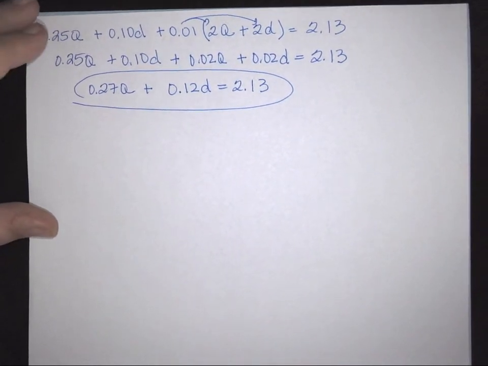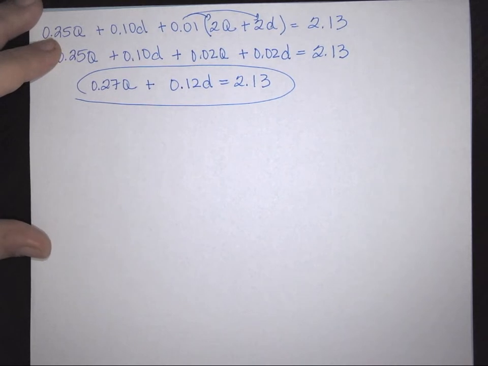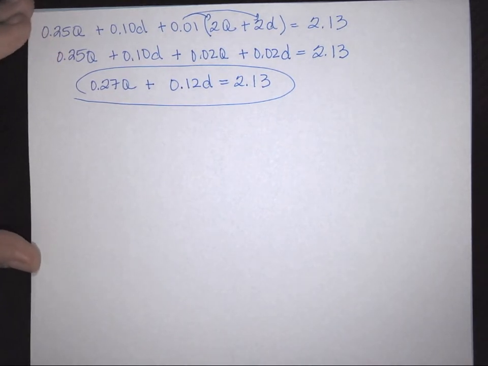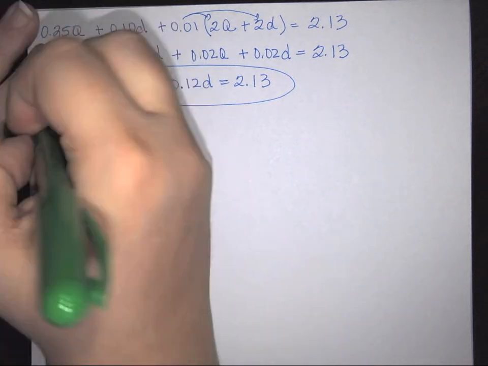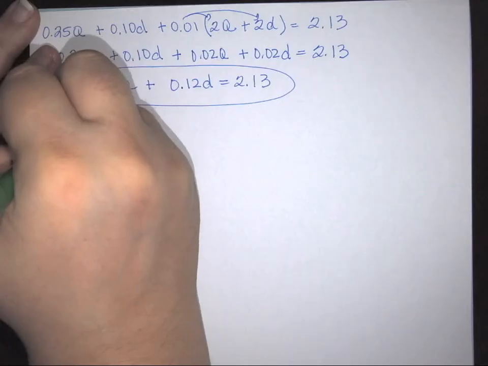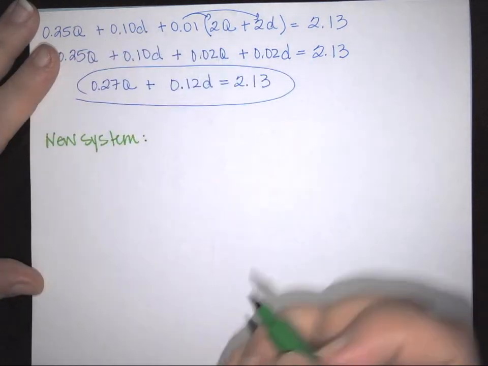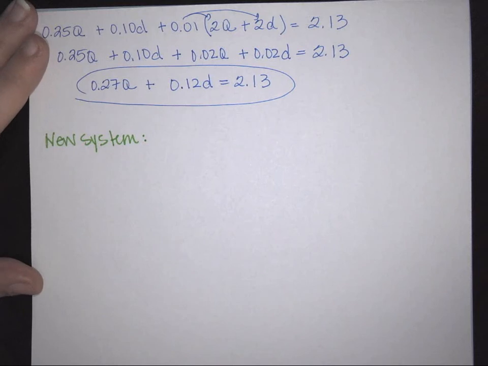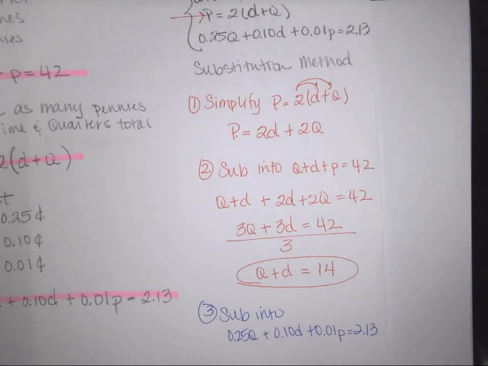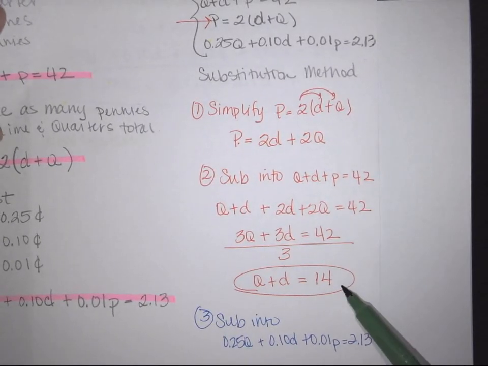So in looking at these, what this means is that I now have a new system. So I need to take a look at what that new system is. So my new system is going to be made up of the initial first simplified, so this equation here, Q plus D equals 14.